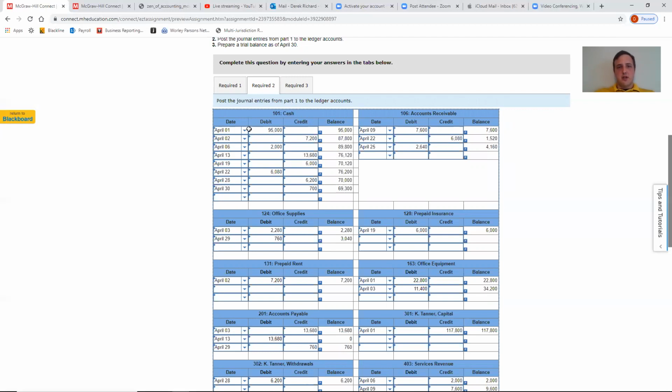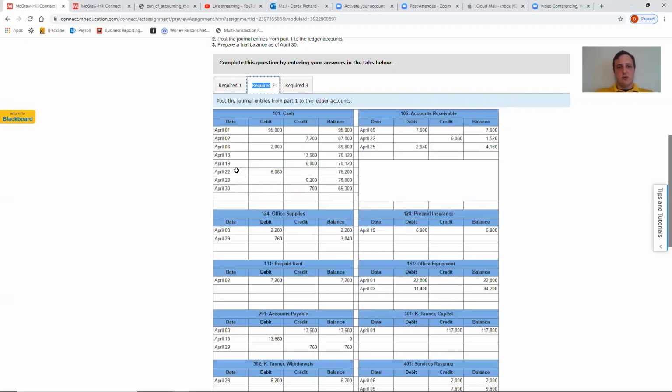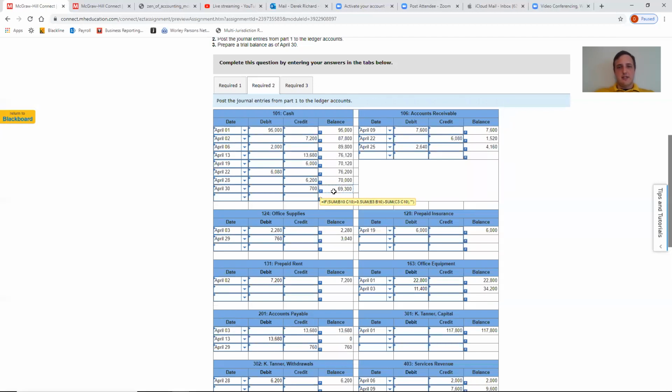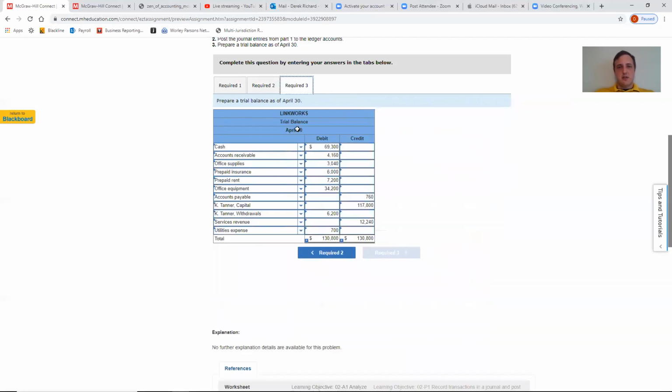You list out all of the dates that you debited it, all of the dates that you credited. And then from there, we'll take the total at each of these balances and create our trial balance, which is just the listing of the accounts, the total of the debits and the credits. You know if you did it right if your debits equal your credits.